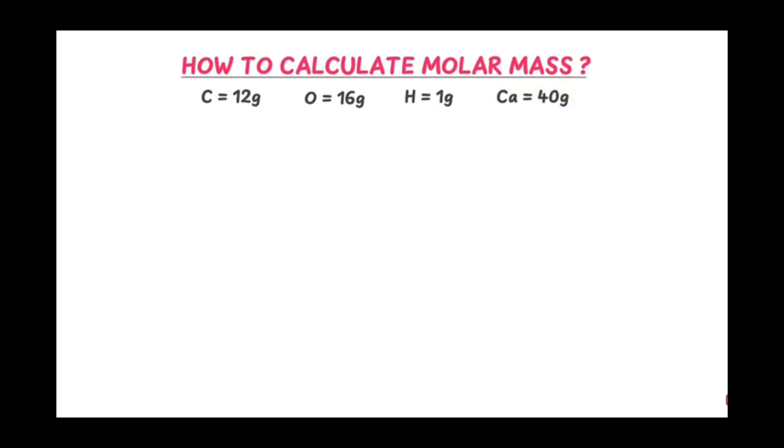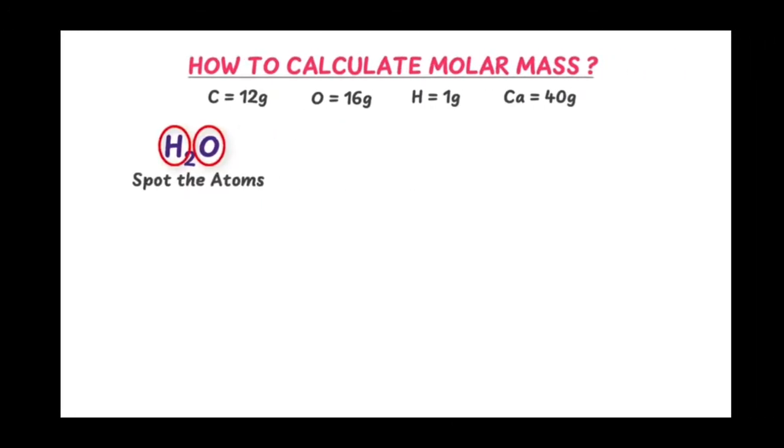Let's see the gram atomic mass and gram molecular mass of some atoms. You know that the molar mass of carbon is 12 grams, oxygen is equal to 16 grams, hydrogen is equal to 1 gram and calcium is equal to 40 grams.